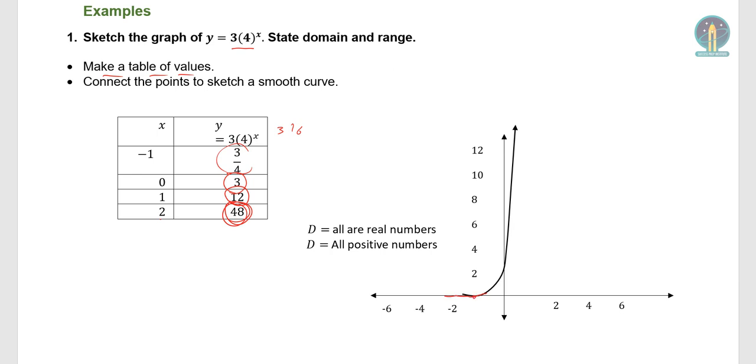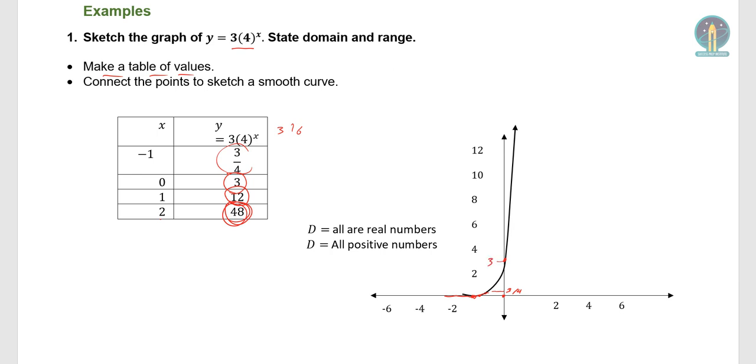So at x equals minus 1, we have y equaling 3/4. Well, let's move it a little bit here, right? So this is like 3/4. Okay? For x equaling 0, we have y equaling 3. So the intersection should be somewhere here, right?